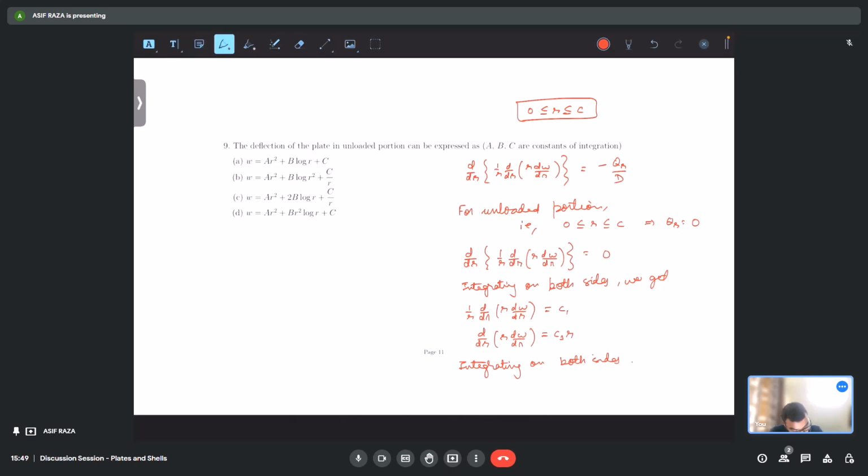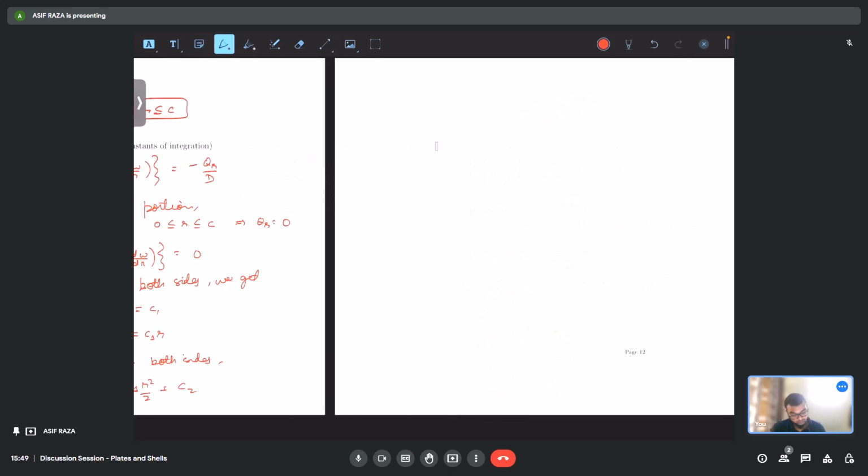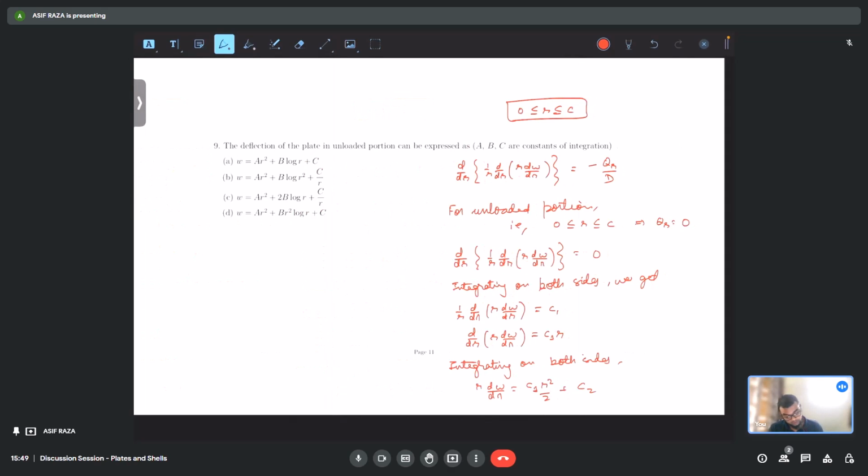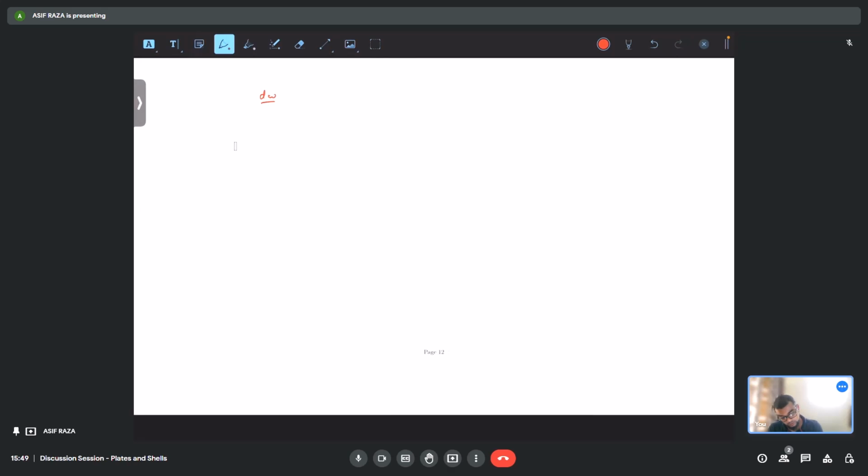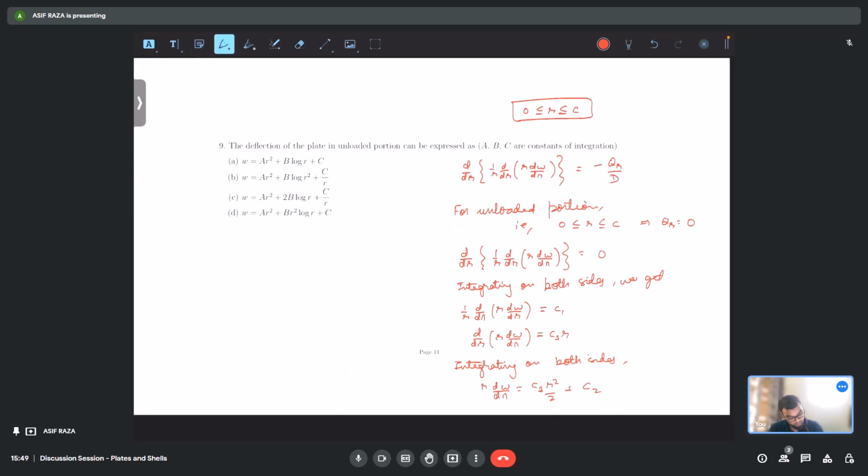We get r dw by dr as c1 r square by 2 plus c2. Okay. Now this again can be simplified as dw by dr as c1 r by 2 plus c2 by r.